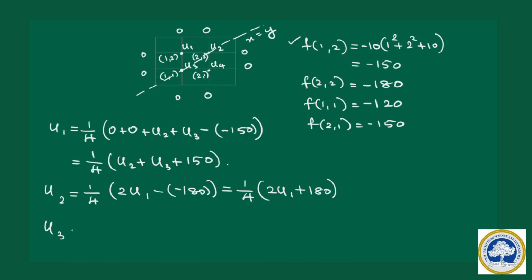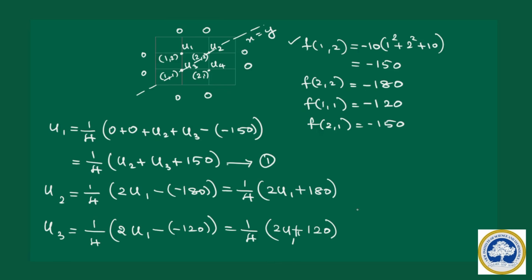Next, what happened to u3? u3 is again 1 by 4 into, the adjacent points are u1, u4, 0, 0. Again u1 and u4 are the same, so we write 2u1 minus of minus 120. So this is equal to 1 by 4 into 2u1 plus 120. Now mark this as equation 1, this as equation 2, and this as equation 3.